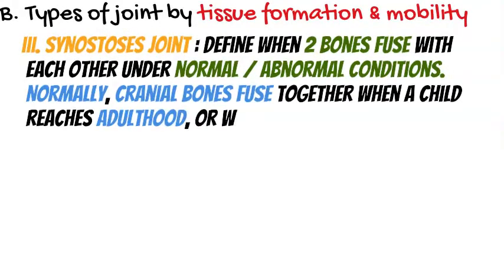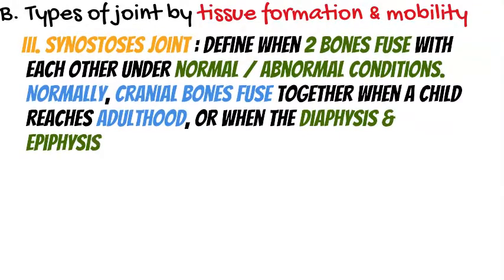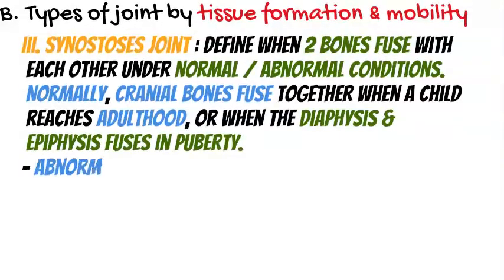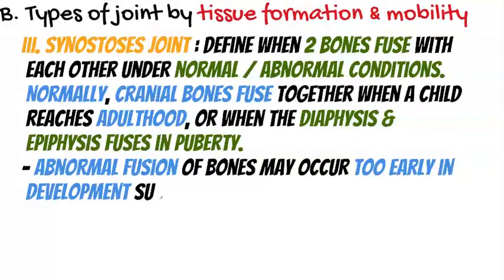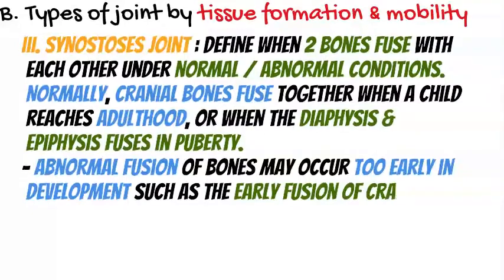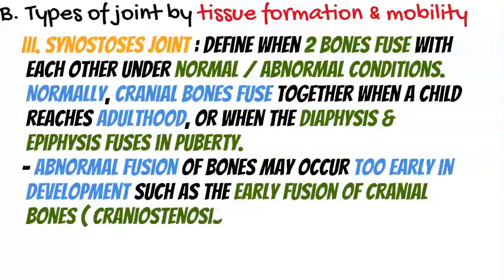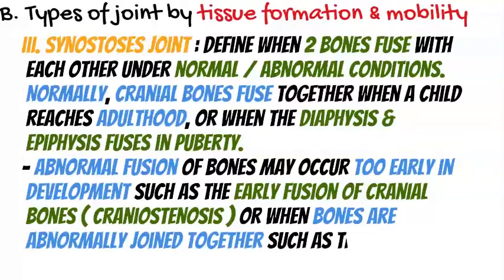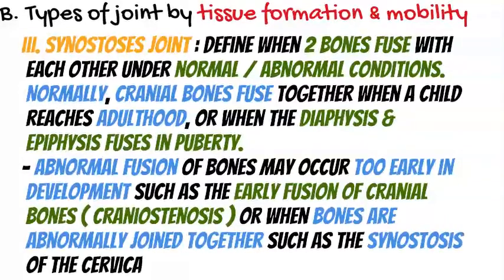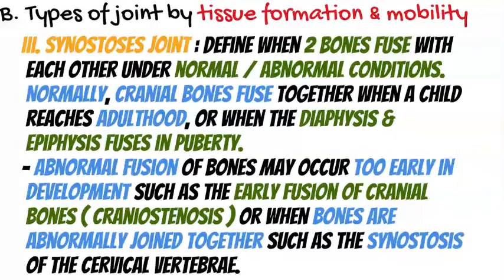Normally, cranial bones fuse together when a child reaches adulthood, or when the diaphysis and epiphysis fuse in puberty. Abnormal fusion of bones may occur too early in development, such as early fusion of cranial bones, craniosynostosis, or when bones are abnormally joined together, such as the synostosis of the cervical vertebrae.